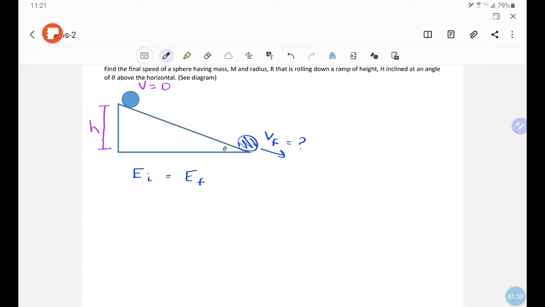The types of energy present in the problem are gravitational potential energy, kinetic energy of translation, and kinetic energy of rotation. So initially, I have the option of having all three of these energies present. I may not. And then at the end, same thing.